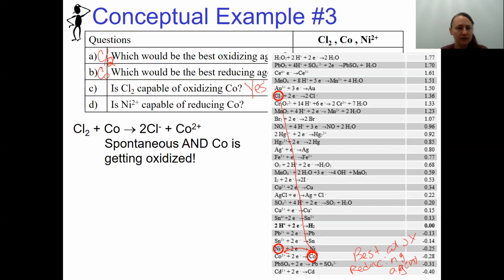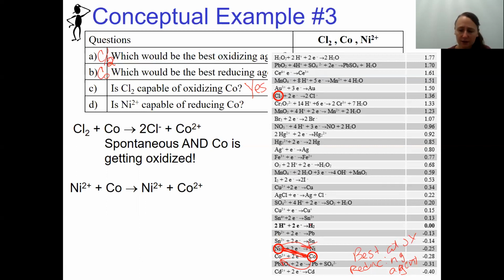All right, is nickel 2+ capable of reducing cobalt? So now we're going to look at nickel 2+, and can it reduce the cobalt? Well, I get a spontaneous reaction here. So that's good to know. Nickel 2+ reacted with cobalt will produce the nickel solid and the cobalt 2+.